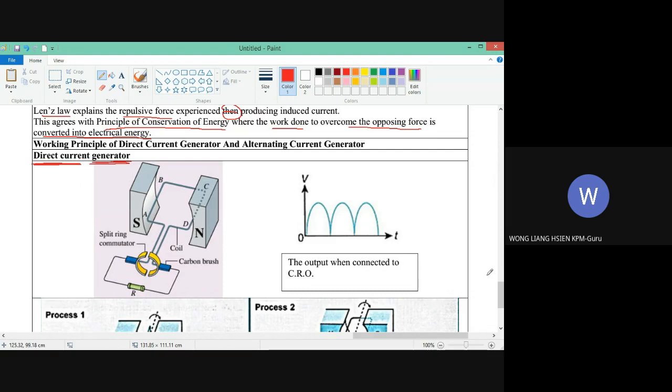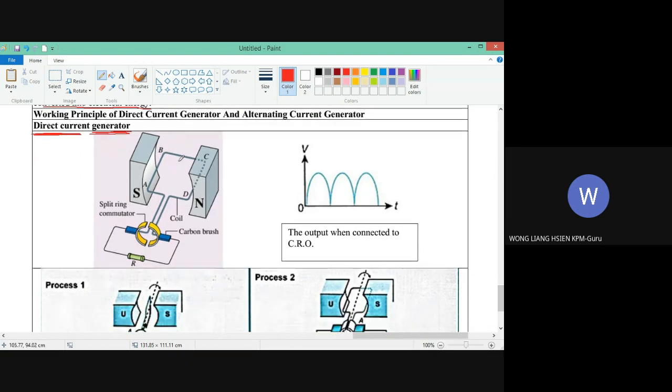So let's look at this diagram. This structure is exactly the same as the direct current motor, except for this part. In a direct current motor, all you need to do is put a power supply or battery here.